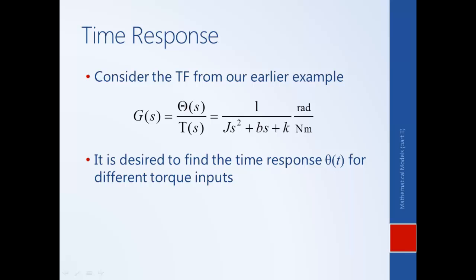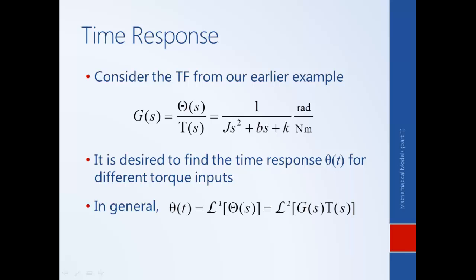The way that we find theta of t is first to find theta of s, where the output is just the transfer function multiplying the input. Then we take the inverse Laplace transform of theta of s to get the corresponding time function theta of t.